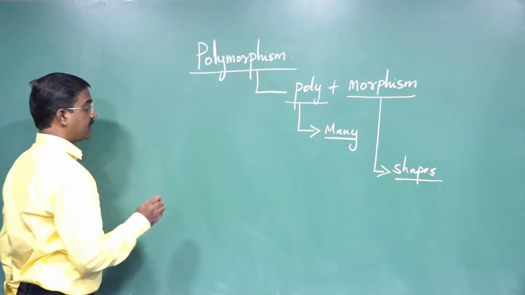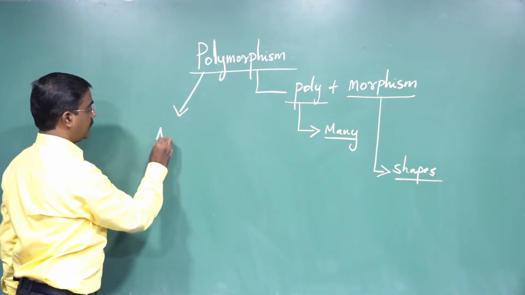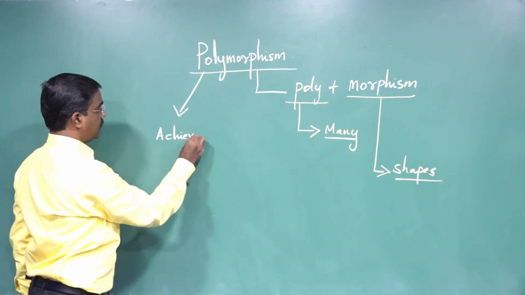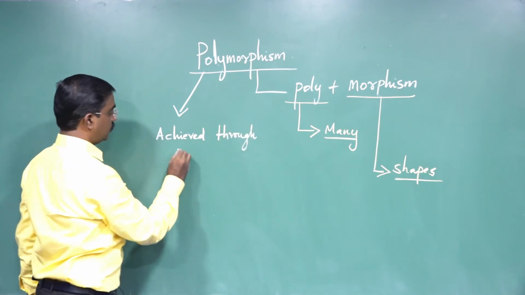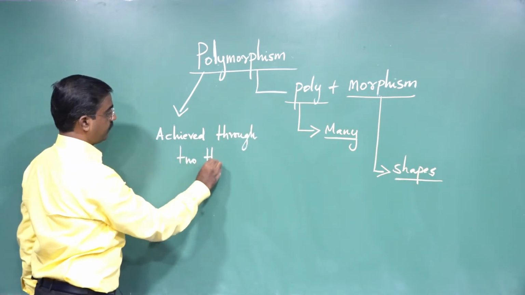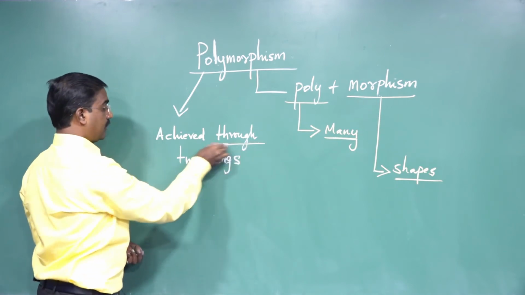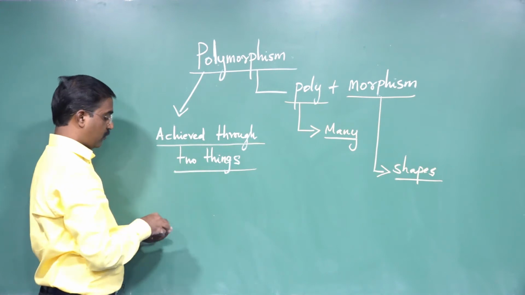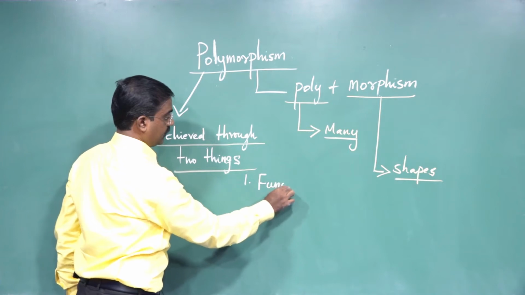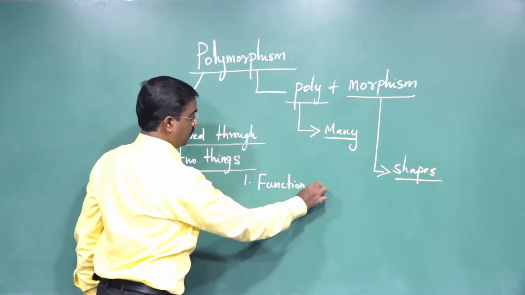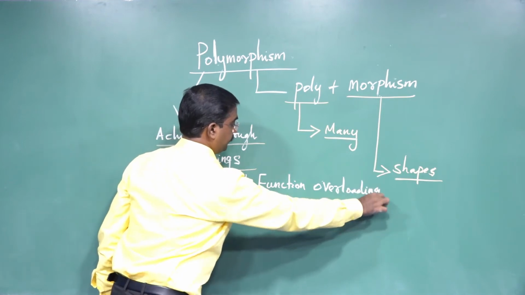Polymorphism is achieved through two things. What are they? We know the concept. Number one is function overloading.